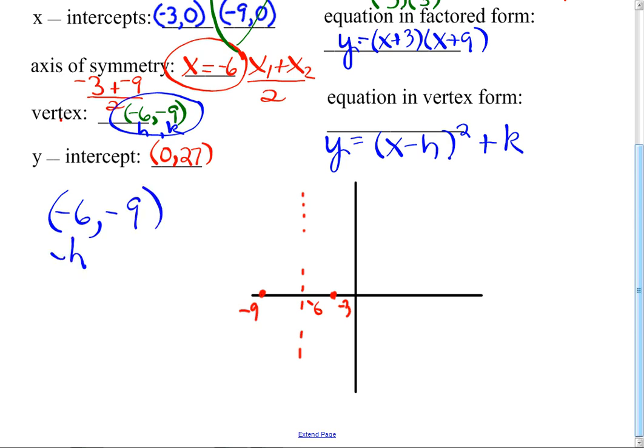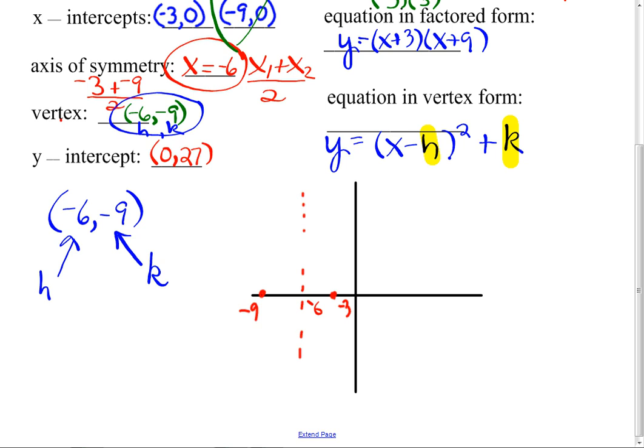This is the h, and that's the k. Somebody decided to call it x and y. Luckily, they did it alphabetical. So I'm going to color these h and k. That's what you want to put in.